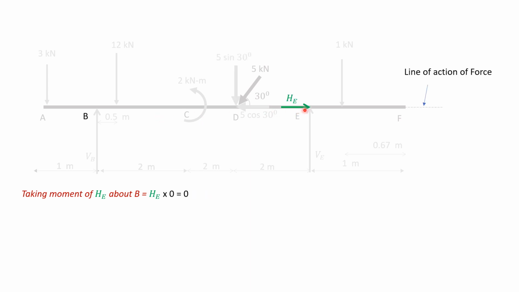Moment of HE force about point B will be 0, since it passes through point B and has 0 perpendicular distance.